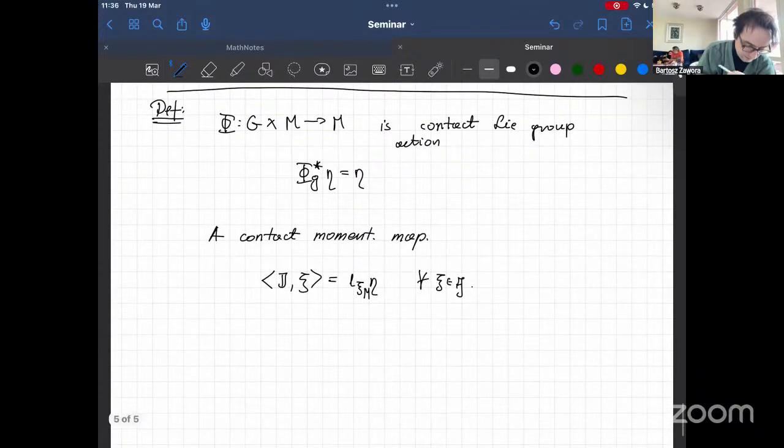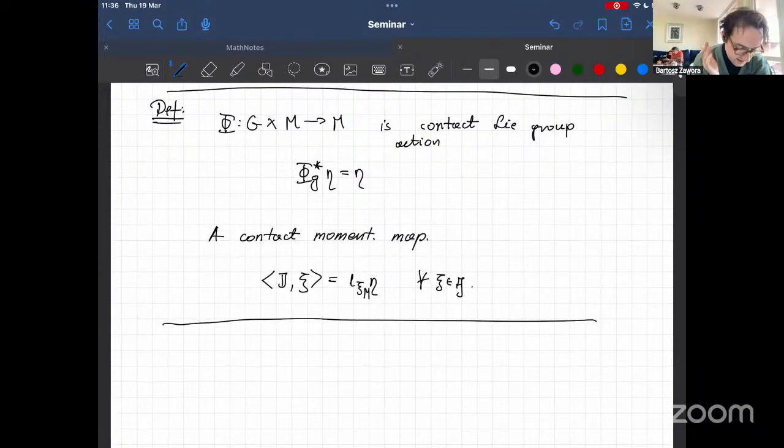So the idea is as follows. We more or less know how the reduction scheme looks in a symplectic setting, and we know how contact manifolds extend to the symplectic setting.